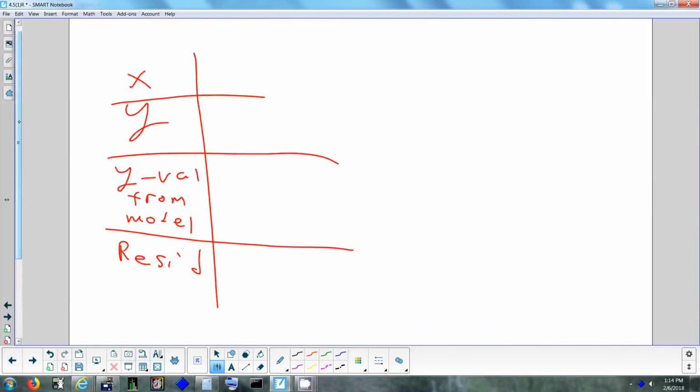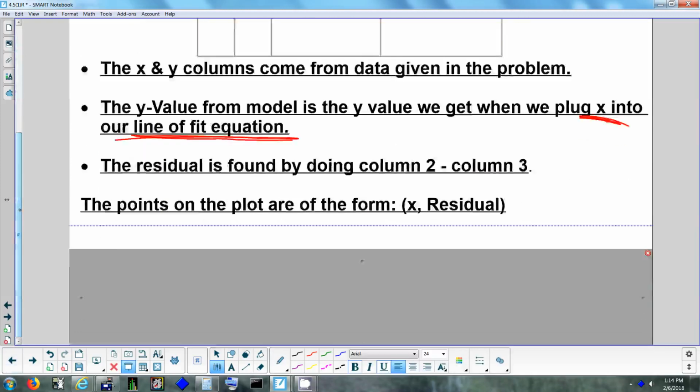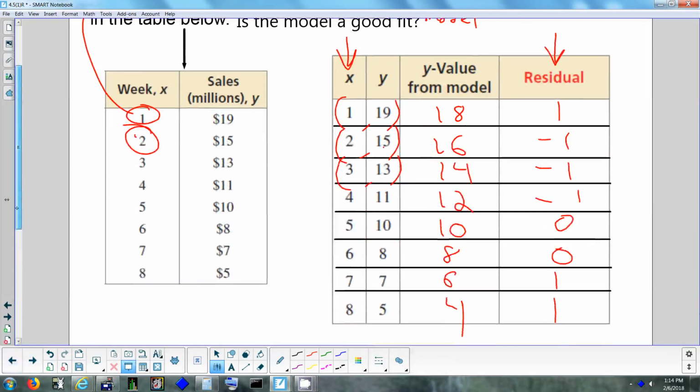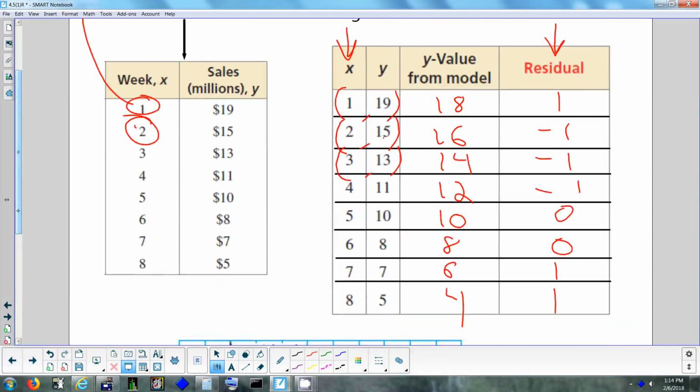Okay, how do we do the graph? It says the plots on the graph are of the form x, comma, residual. Here's your column. X, comma, residual. Okay, so let's write these down.